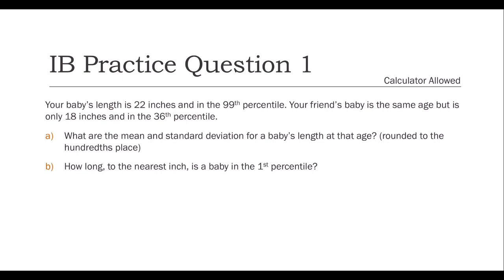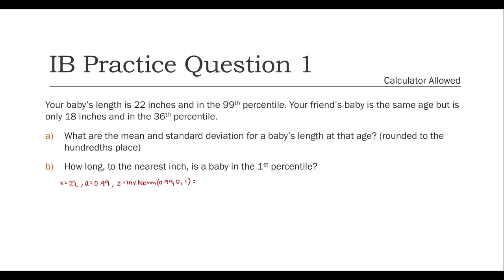We know an x value of 22 inches is in the 99th percentile, so the area would be 0.99. So our z-score equals the inverse normal of an area of 0.99 with a mean of 0 and a standard deviation of 1.